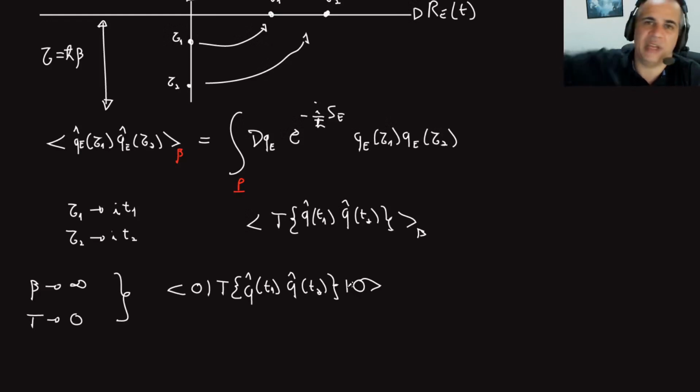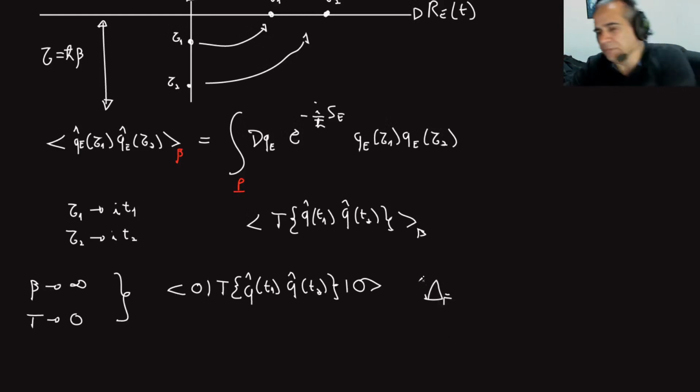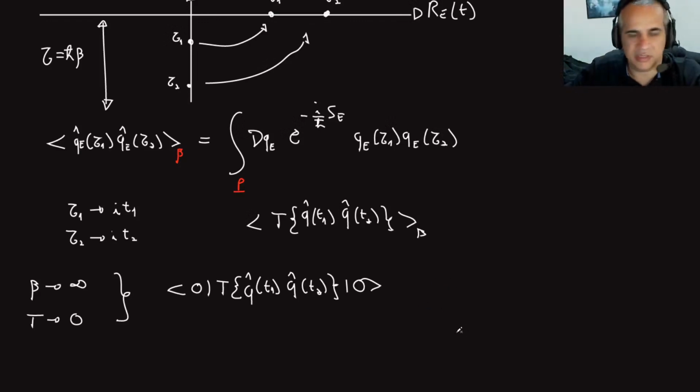So again, we go back to that question we discussed a lot in the last video, which is how to avoid those poles and have a well-defined inverse of that Delta^-1 function. This is the Green function, by the way. This guy is Delta Feynman, right? So let's take a look at how we can see that.